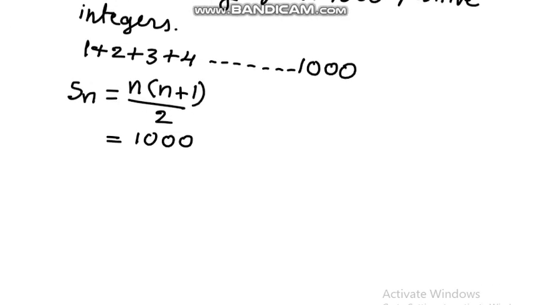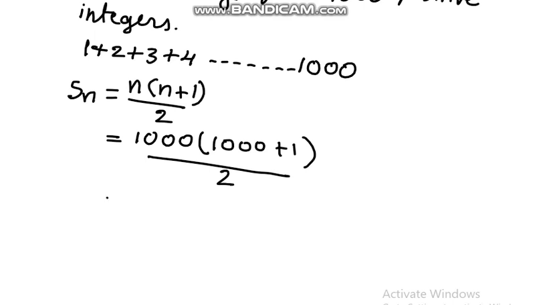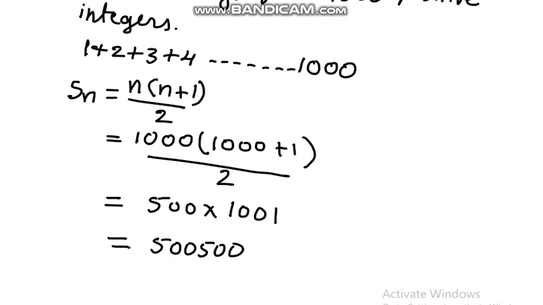n plus 1 means 1000 plus 1, divided by 2, is equal to 1000 divided by 2, which is 500, into 1000 plus 1, which is 1001, and the value is 500,500.